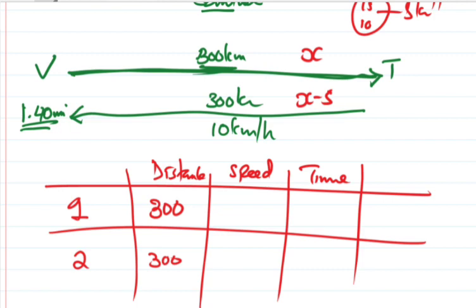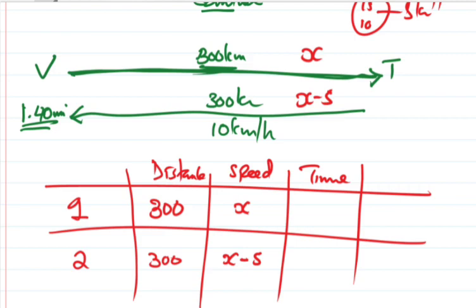But the speed when going, we don't know. That's x. Since we are finding the speed, let's assume that he was traveling at x kilometers per hour. And when returning, the speed was reduced by 5 kilometers per hour. So this time the speed will be x minus 5. The speed has been reduced by 5.